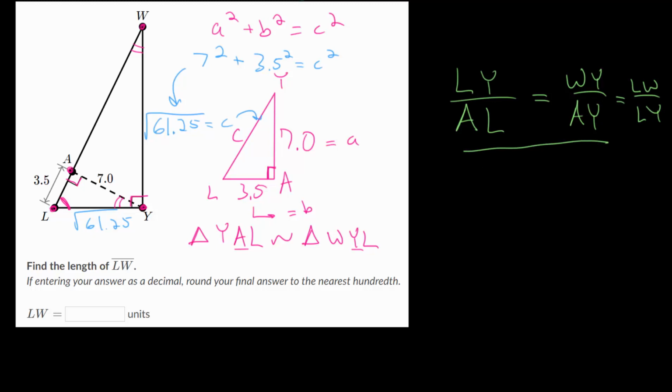So let's plug in that information. We have LY, which we know is the square root of 61.25. We have AL, which is 3.5. We are looking for WY, and AY is 7. So to solve for WY, let's multiply each side by 7, and notice that 7 divided by 3.5 is just 2.